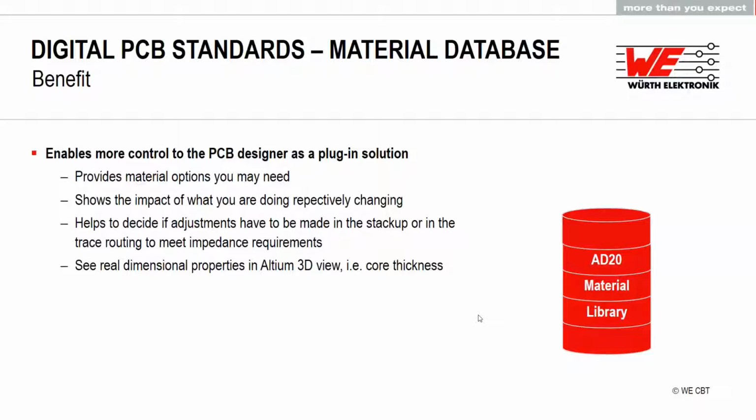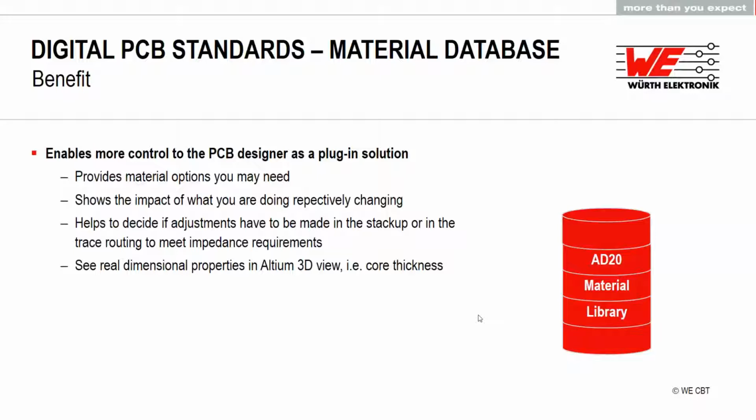It also shows the impact of what you are doing or changing. So if you change a core or a prepreg, for example, you can see it in real dimensional properties in the Altium 3D view, and it helps to decide whether you have to make adjustments in the trace routing to meet impedance requirements.